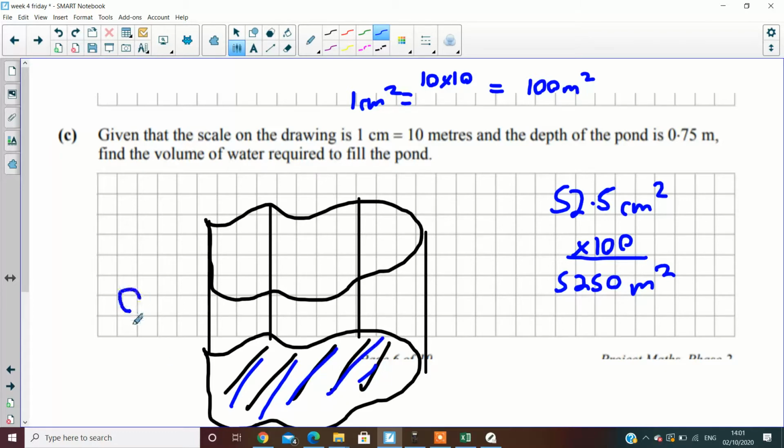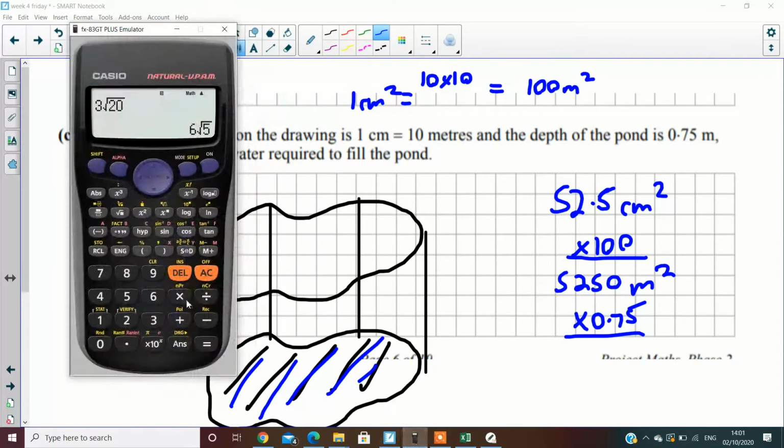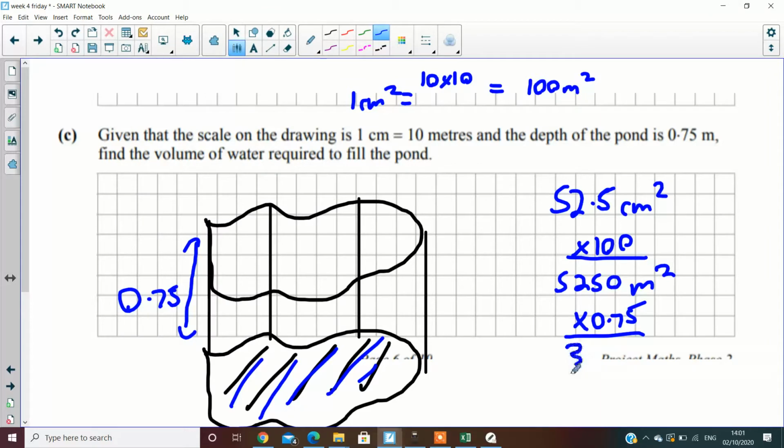Now, how deep is the water? So what's the volume of water in that pond then? It's the area of the face multiplied by the depth. So I know you guys didn't have this question, but it's worth just doing it now anyway. Yeah, you kind of did. 3,937.5 meters cubed this time because it's volume.